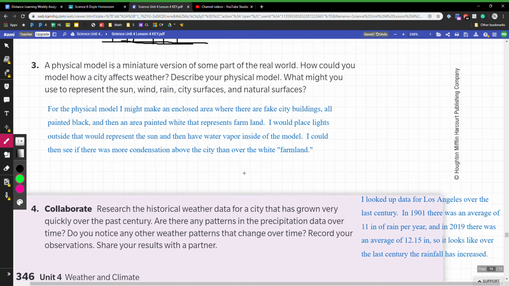Question 3: A physical model is a miniature version of some part of the real world. How could you model how a city affects weather? Describe your physical model. What might you use to represent it? So I typed this out here, but maybe I'll draw it over here. What I envisioned was you could get a big fish tank or something.